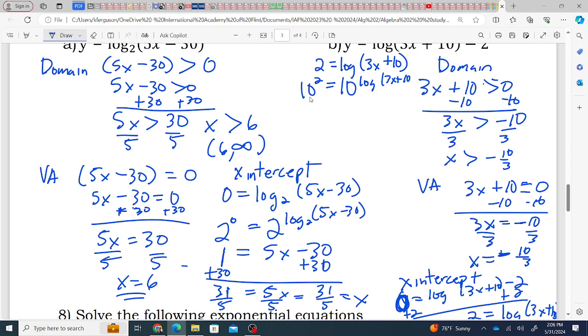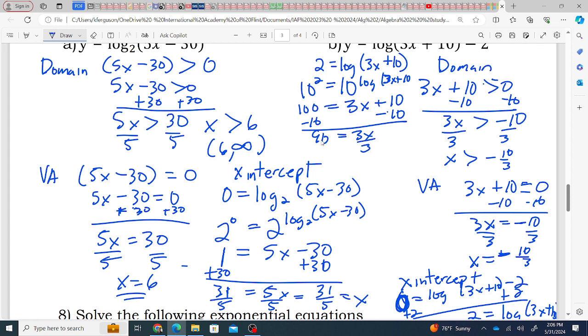So when I do that, I get 100 over here equals, and the 10 and the log base 10 cancel each other out, so that's 3x plus 10. Then I subtract 10 from both sides. That's 90 equals 3x.